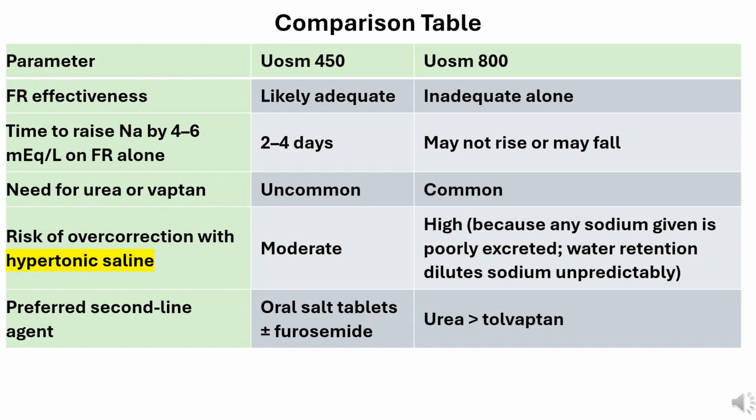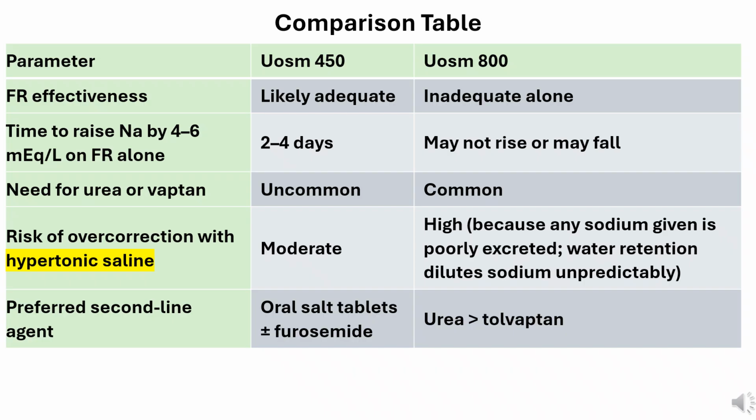Comparing management, Usmo 450 versus Usmo 800. The degree of urine concentration markedly influences the approach to treating hypotonic hyponatremia due to SIADH. When urine osmolality is 450 mosm/kg, fluid restriction alone is likely adequate for most patients, typically raising serum sodium by 4 to 6 mEq/L over 2 to 4 days.